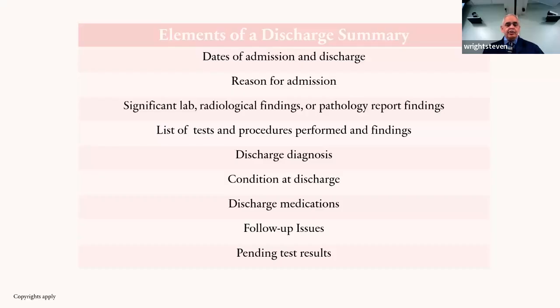I think everybody knows what those things are. These are the things that you would like to see if that person is coming to your clinic, if you're the TOC person doing the visit. You don't want to walk into the room uninformed about a complex patient who was just in the hospital. So our challenge is to make sure that our colleagues are provided with that same kind of information.